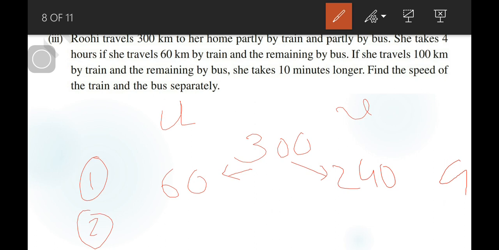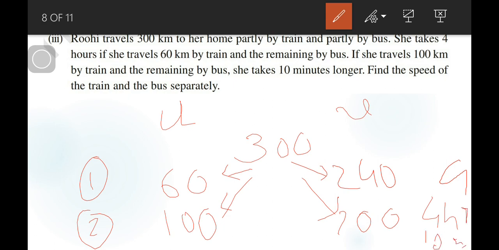In the second, she travels 100 kilometers in a train and the remaining 200 kilometers in a bus, and she takes 10 minutes longer, means 4 hours and 10 minutes.